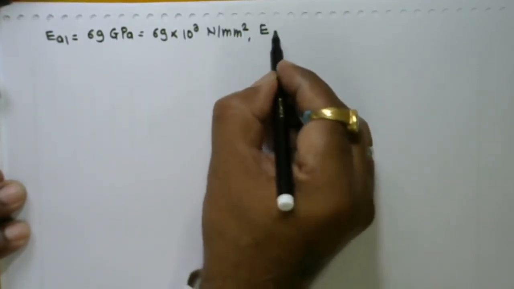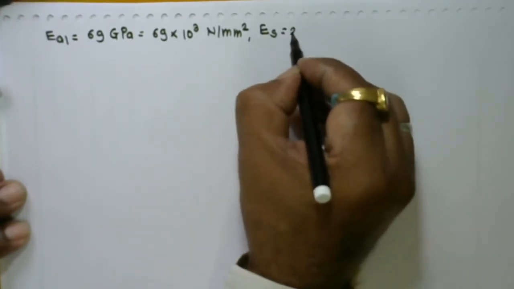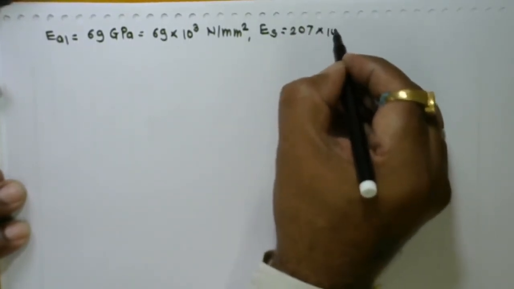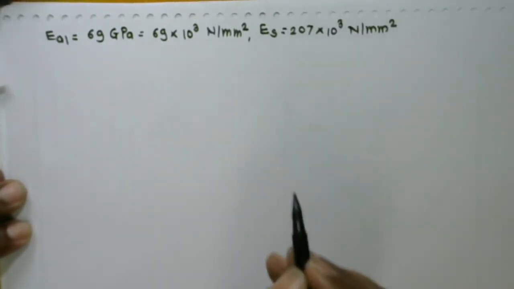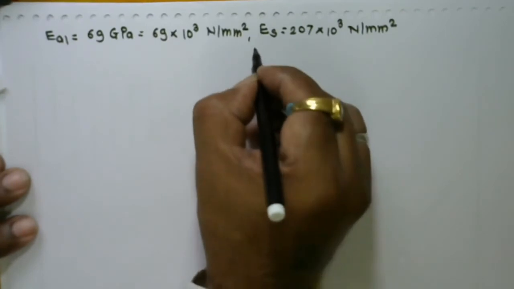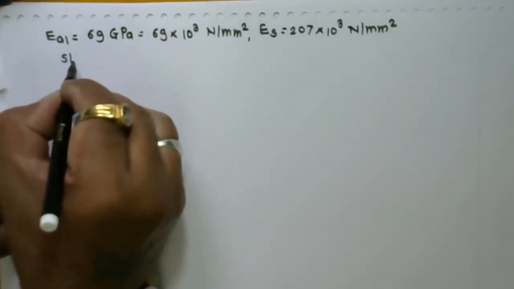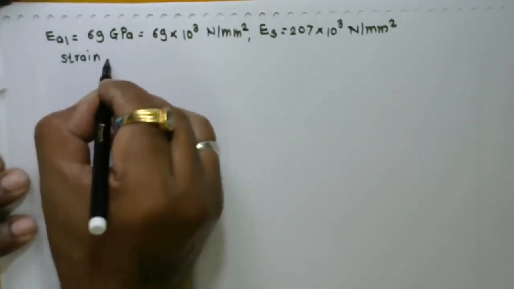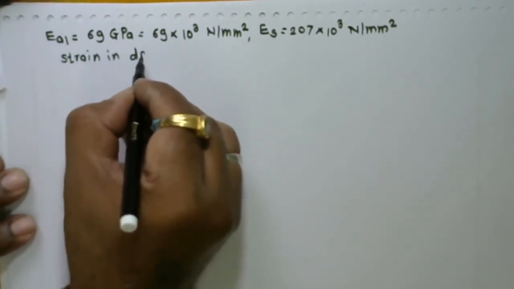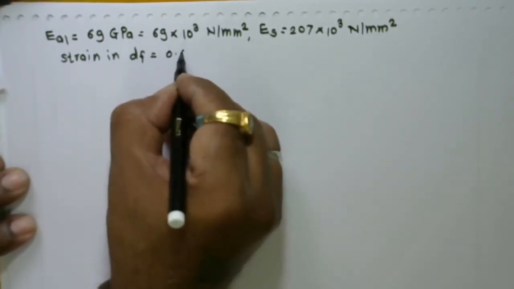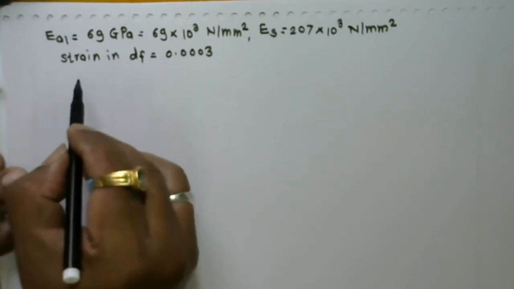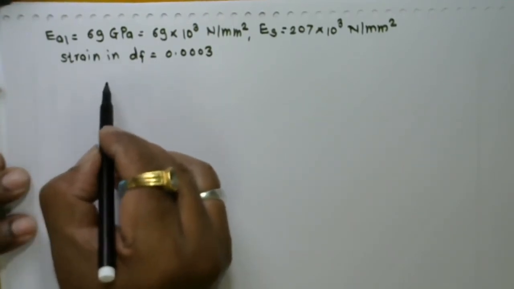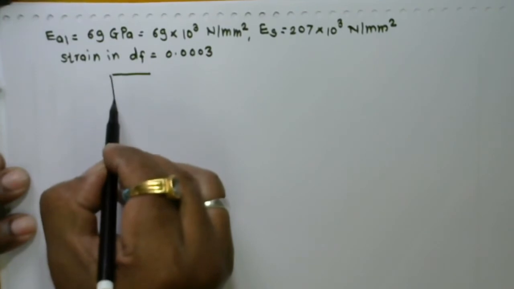Similarly, for steel it is given as 207 into 10 raised to 3 Newton per mm square. Strain in DF is also given, 0.0003. It is a strain, so there is no unit. In that case we concentrate on the figure again. The figure is in this manner.